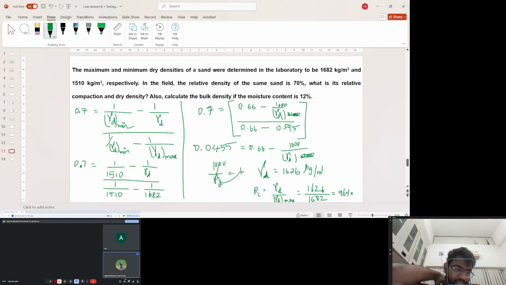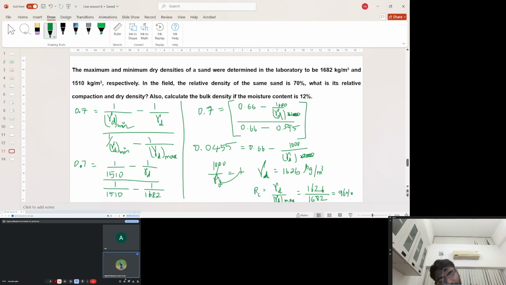You have been practicing, right? Have you come across any situations like this? Yes, sir. In theory, some books I studied say RC is also possible to be more than 100. Yeah, that is possible. In this case, because there are some offshore sands, there is a possibility of relative density itself exceeding 100%.